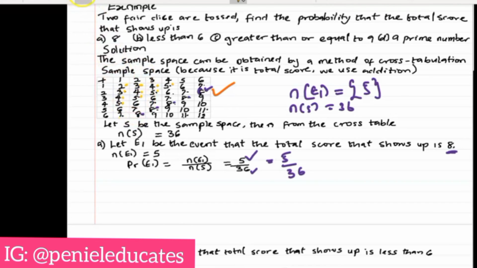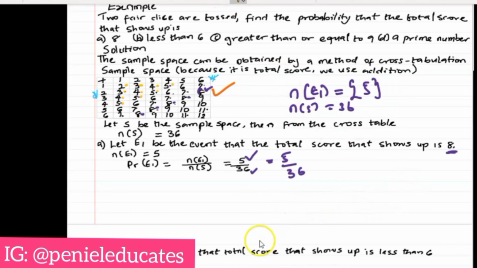Don't forget that this particular row is the first die, and this particular column is the second die. So all the addition that you have here is what you're going to use, and we're able to count 10.